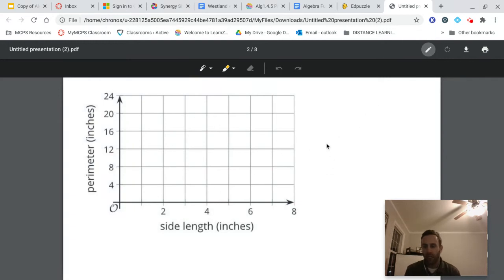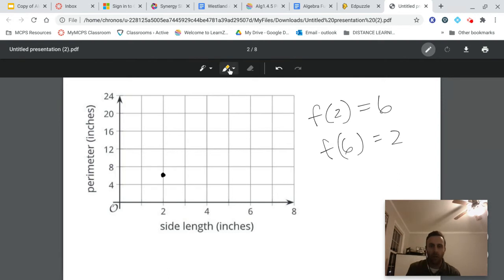The very first thing I want to ask you is, if the way the side length and the perimeter interrelate is function f, and let's say a triangle with a side length of 2 would have a perimeter of 6, would you label this f of 2 is equal to 6, or f of 6 is equal to 2? All right, so pause the video, make a decision, and then replay it when you're ready.